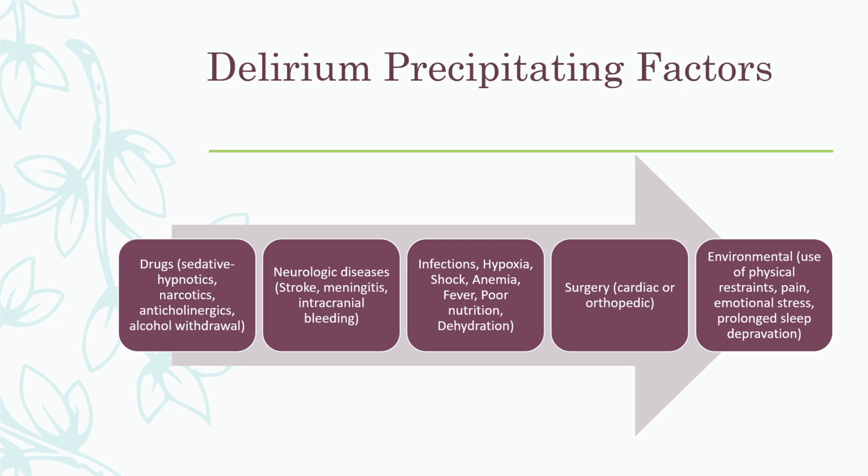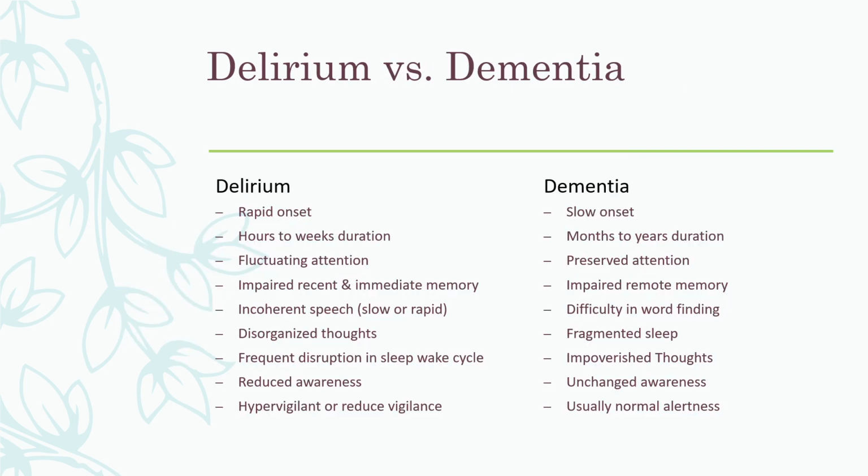Neurologic diseases such as stroke, meningitis, intracranial bleeding, even infections, hypoxia, shock, anemia, fever, poor nutrition, dehydration. After surgery, it could be anesthesia, okay? Could be just after surgery itself and what went on, the factors in cardiac and orthopedic surgeries. Or maybe it's environmental: the use of restraints, pain, emotional stress, prolonged sleep deprivation. All these things can lead to delirium.